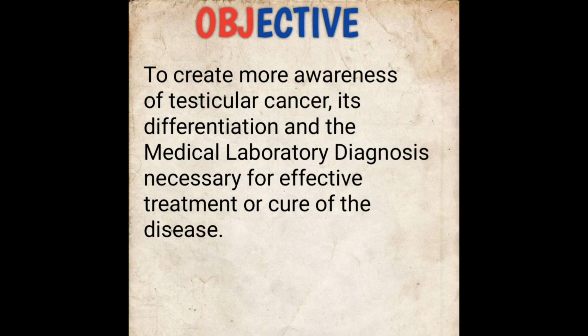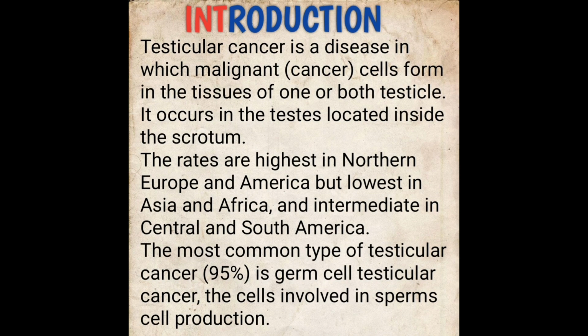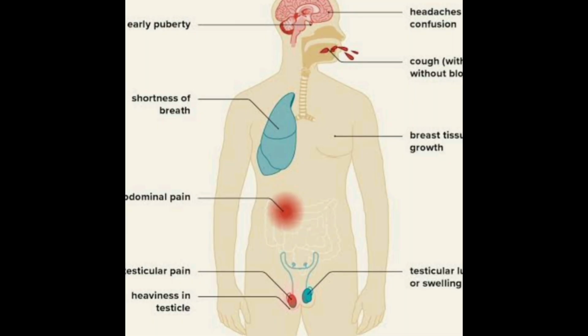The objective: to create more awareness of testicular cancer, its differentiation, and the medical laboratory diagnosis necessary for effective treatment or cure of the disease. Introduction: testicular cancer is a disease in which malignant cells form in the tissue of one or both testicles.